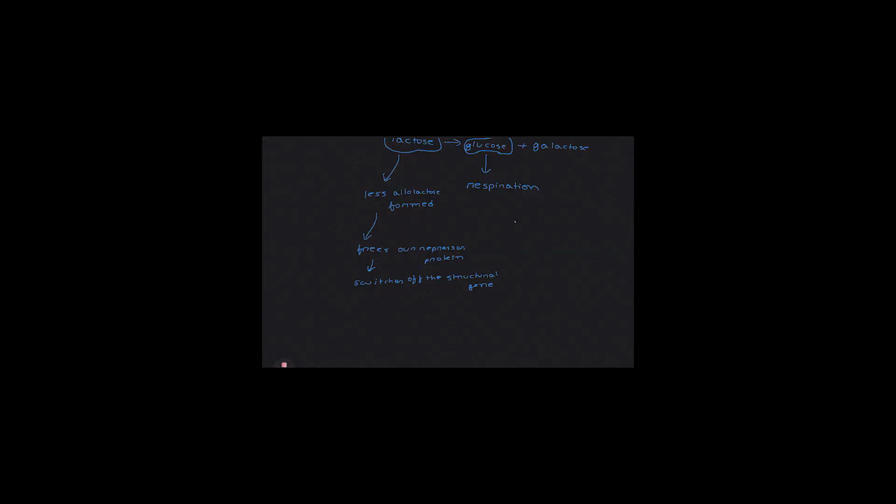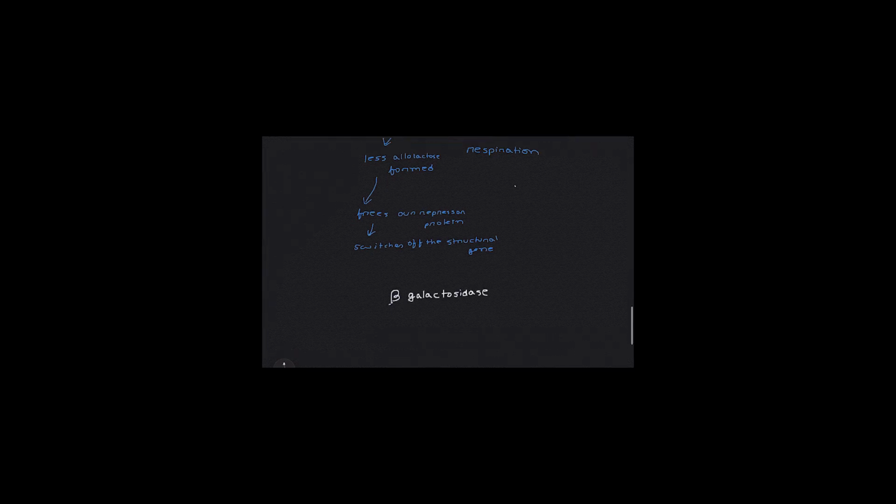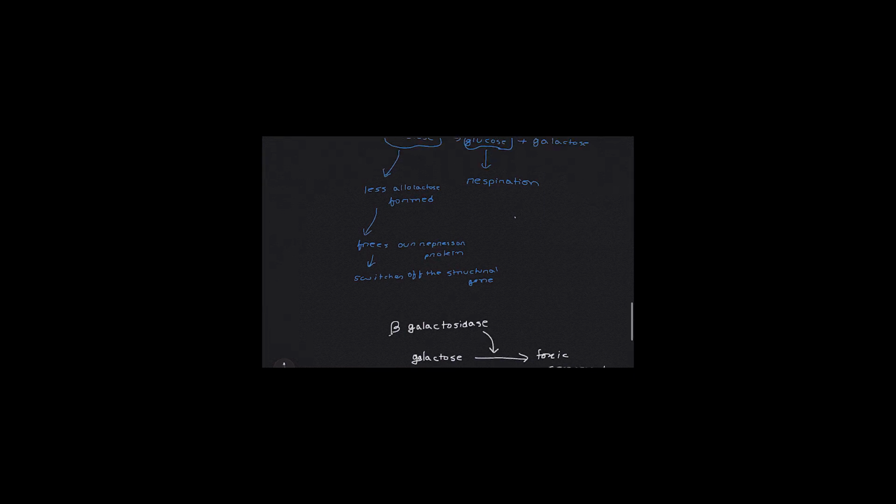And there is just one more thing which is left to be discussed. Our beta galactosidase can also cleave our galactose to form toxic compounds. This is where our Lac A comes into action.